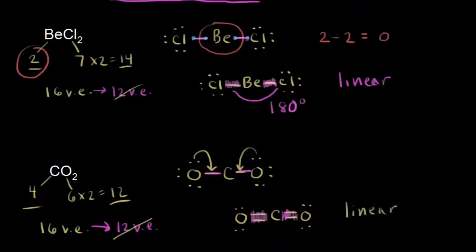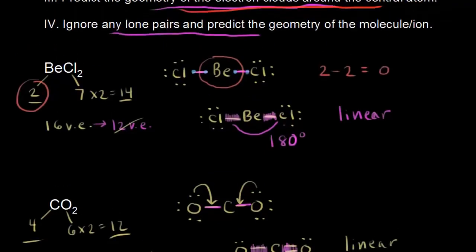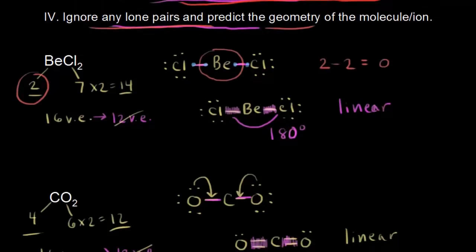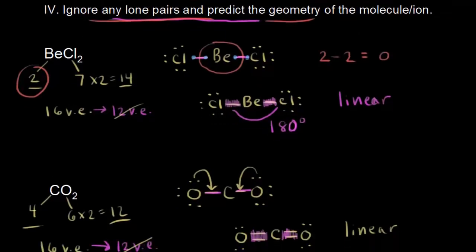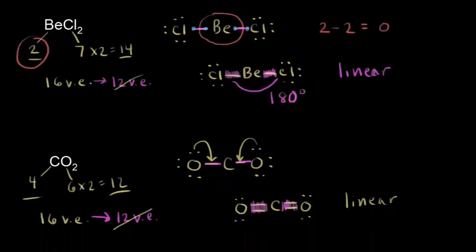Once again, we don't have any lone pairs of electrons on our central atom, so we don't have to worry about that, and we can predict the geometry as being linear. So that's how to approach it. Draw the dot structure, think about electron clouds, and think about the shapes of your molecules. In the next video, we will look at how to approach 3 electron clouds.